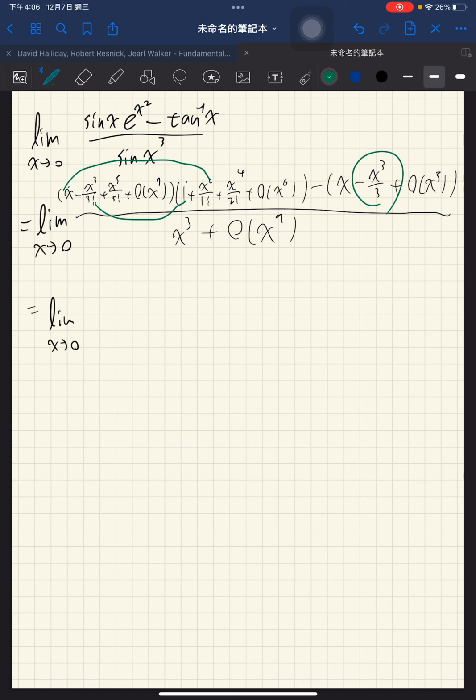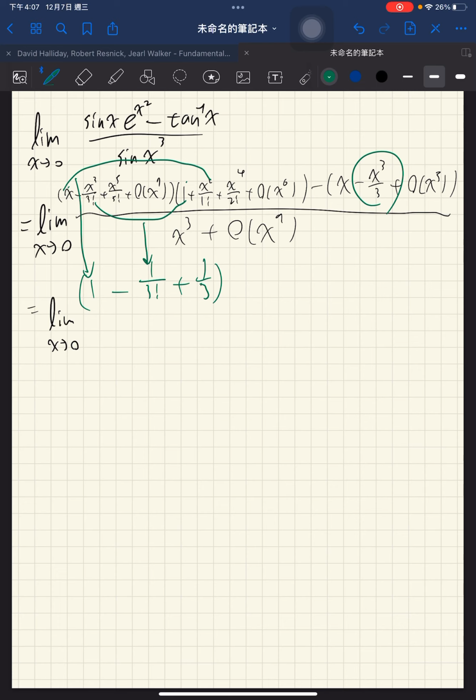So the coefficient is 1 here, and minus 1/3 factorial here. Oh, mistake. 1 is from here. 1/3 factorial is from here, and just plus 1/3.